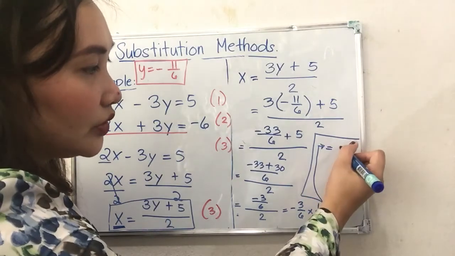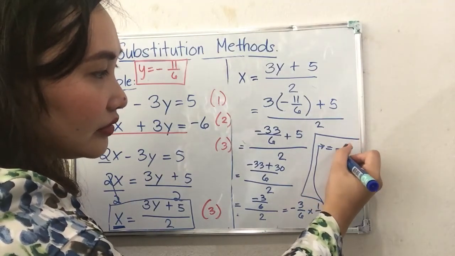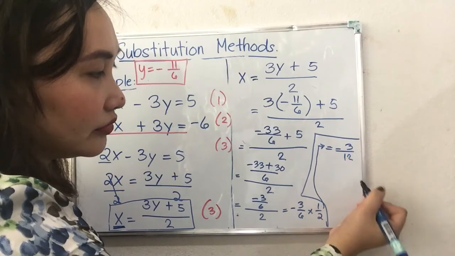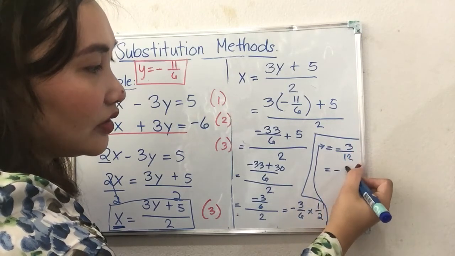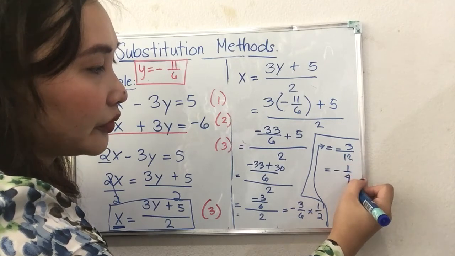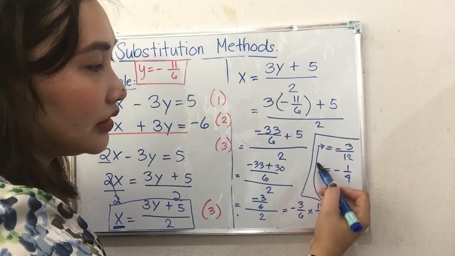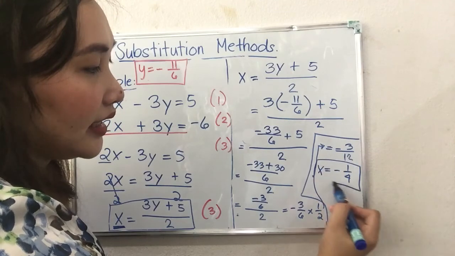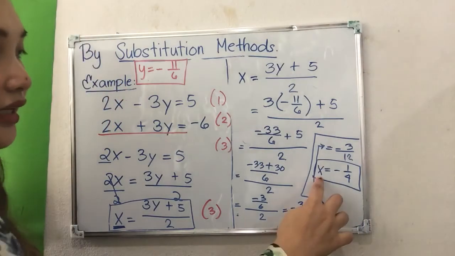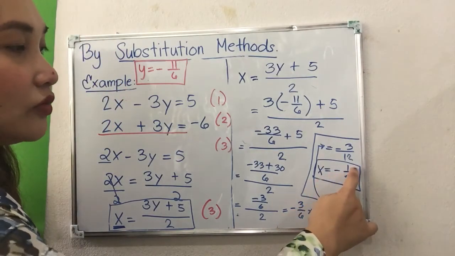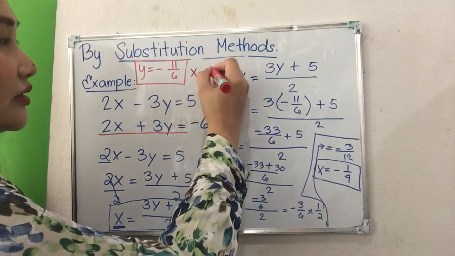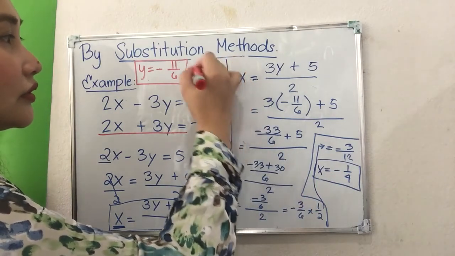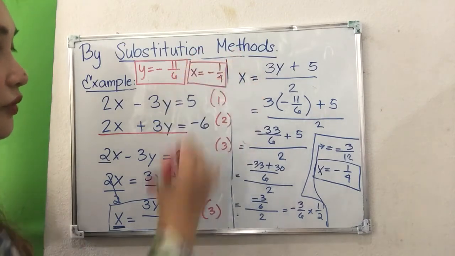That is equal to negative 3 over 12, or we can simplify this by negative 1 over 4. So this is the value of our x. x is equal to negative 1 over 4.